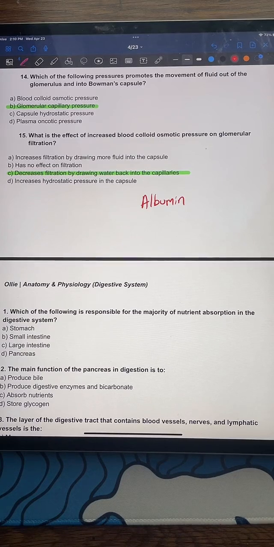So when this pressure increases, it is going to pull water back into the glomerular capillaries. Basically, the proteins would create an osmotic gradient that would force water to stay in the capillaries. So it would pull water from the Bowman's capsule back into the bloodstream, and it would oppose filtration.